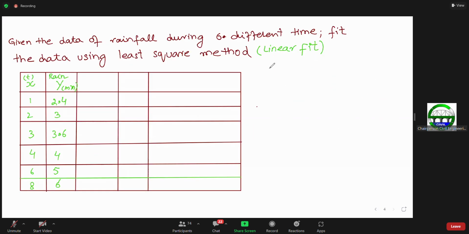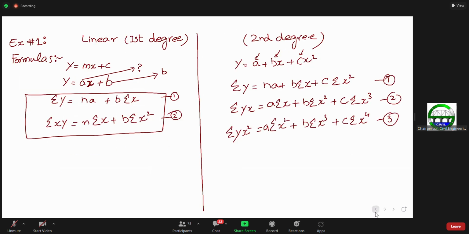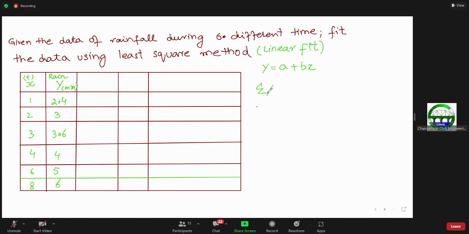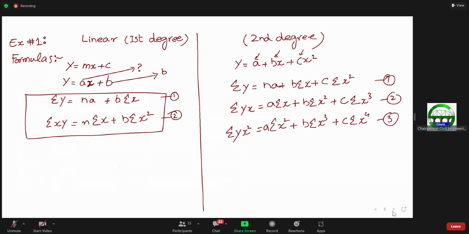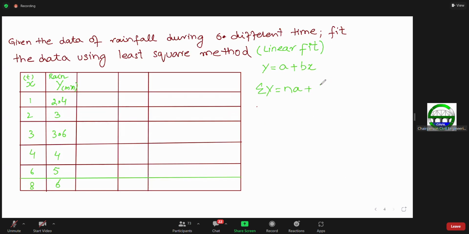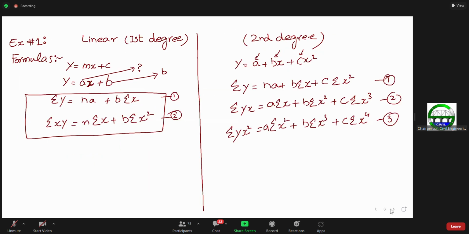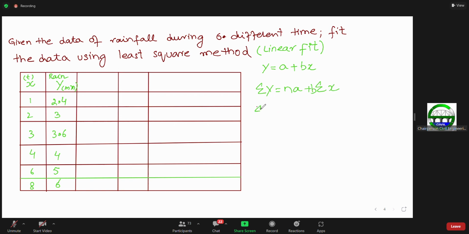In this first method, y = a + bx, and Σy = na + bΣx, and Σxy = aΣx + bΣx². So we have equation A and equation B.